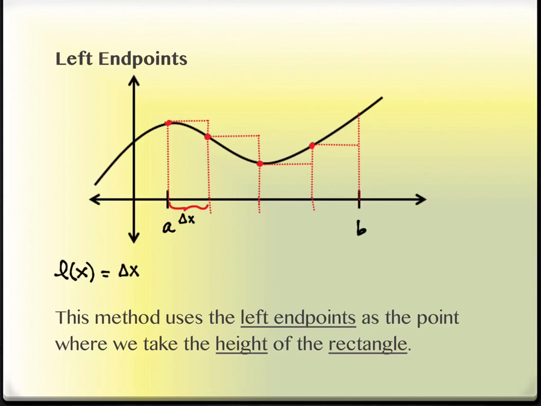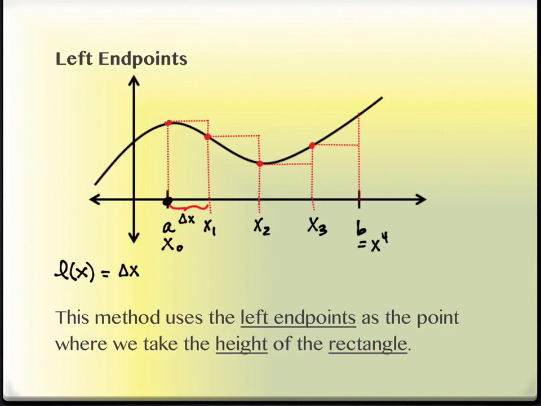So I have the change in x times the height of the first rectangle. Well, I need a little notation. Let's call this point, which I originally called A, we're going to now call it x0. And then x1, x2, x3, and this point B down here is going to be x4, which we'll use on the other screens too. So the width is delta x.